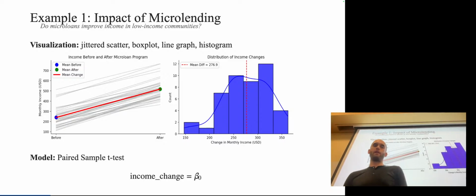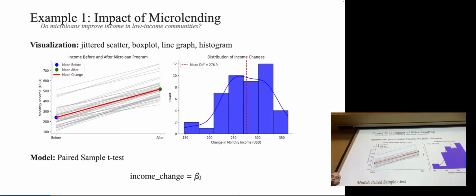So it would just be a paired sample t-test. We're just testing whether the change in income after this treatment is different than 0. So then we could check beta 0 and whether that was different from 0. And we could do that all in the regression framework, just checking the p-value.